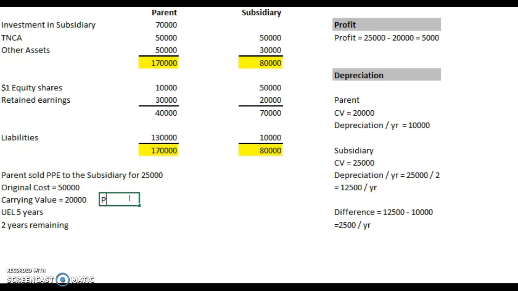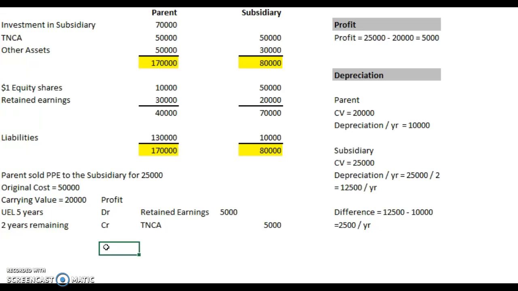So for the profit, the profit is overstated, so we need to reduce the retained earnings, which means we're going to debit retained earnings by this amount, and that's 5,000. And therefore we are going to credit the asset amount by the same amount of 5,000.